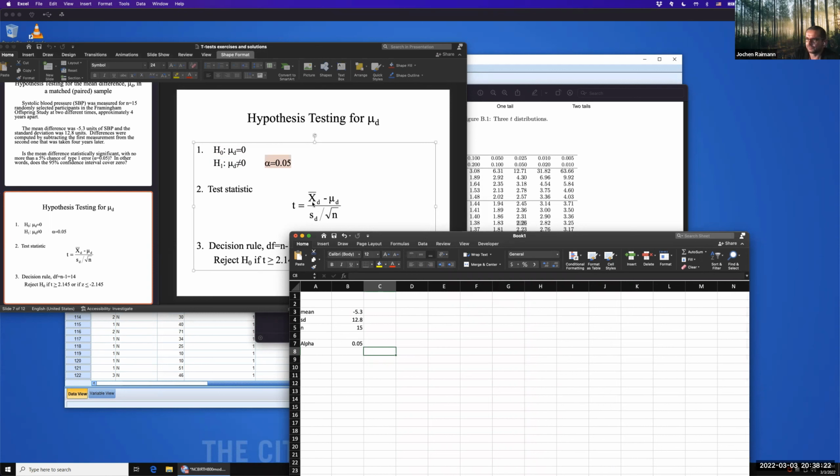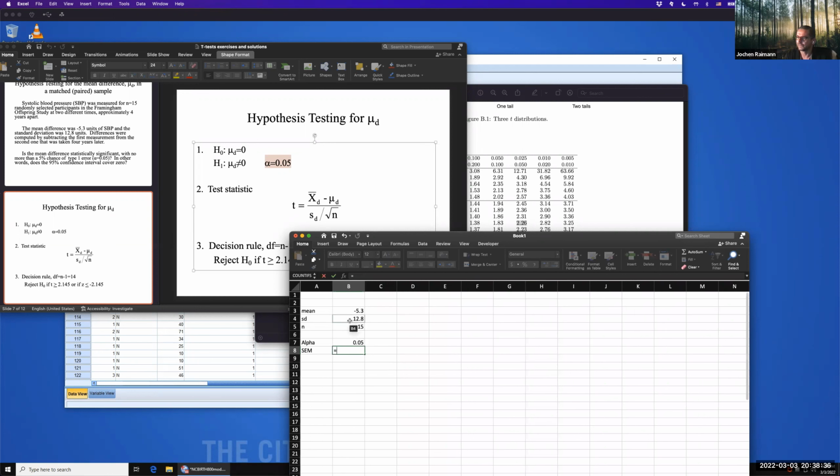So you have minus 5.3 as the numerator, whereas the denominator is nothing else but your standard error of the mean, which is calculated as the standard deviation divided by the square root of n, which is 15. So your standard error of the mean is essentially 3.3.